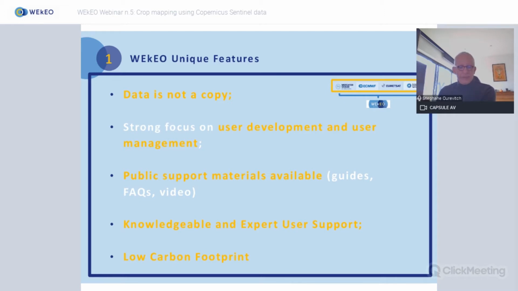A lot of public support material, FAQs, tutorials, knowledge hubs, etc. Again, we believe we're the only ones that basically could answer any question that your user would have about WEkEO or about any of the data sets, because we have a two-level user support, a level 1 that answers easy questions, but a level 2 that will reach out, either will know the answer to the questions or will reach out to the experts that we're connected to, whether in academia, in the European Space Agency, or any research organization. So that's unique.